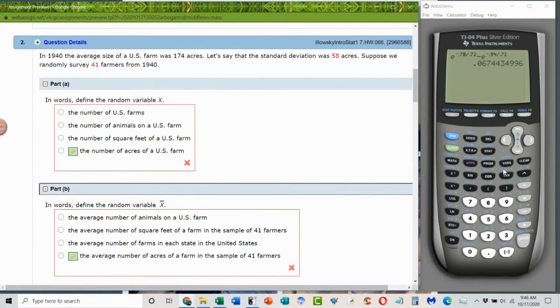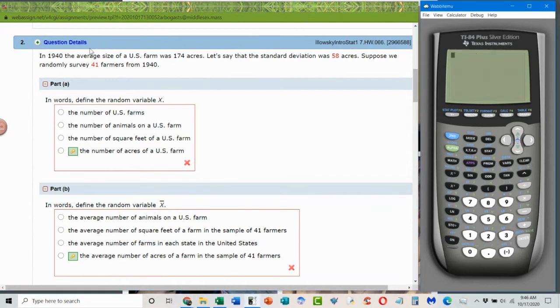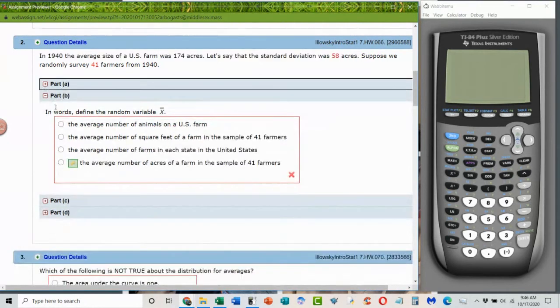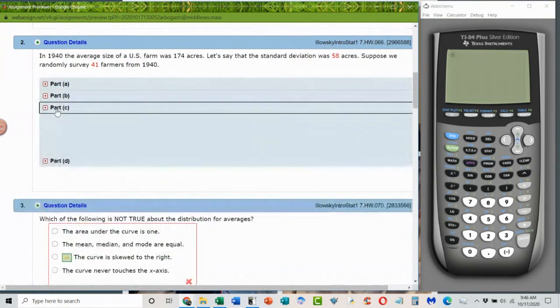I can use the normal distribution in that. Because I have no idea what kind of distribution this is, I would never be able to figure out the probability of finding a single farm at any size, or a single farm less than a size or bigger than a size. I wouldn't be able to find any of that information because I have no idea what this distribution looks like. But when I find out that we do averages, I know I can use the normal distribution.